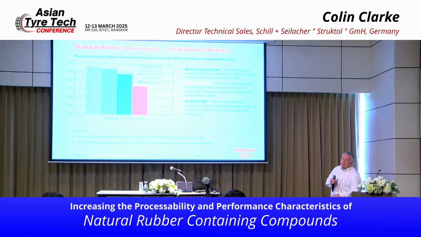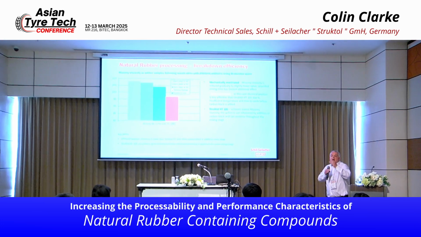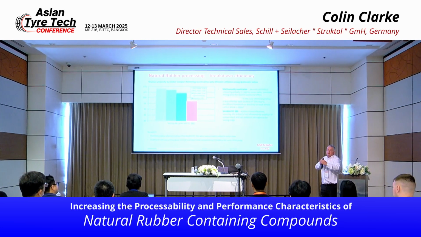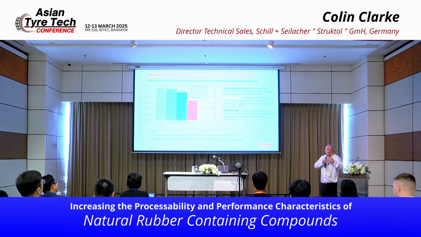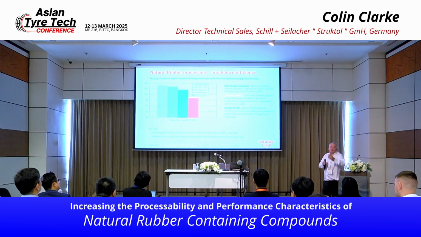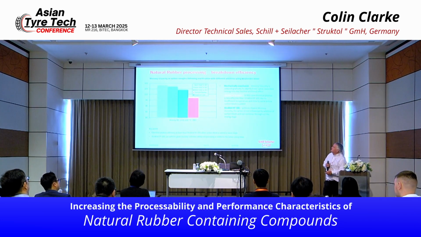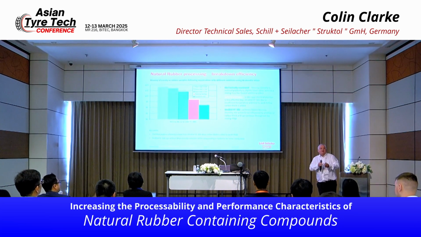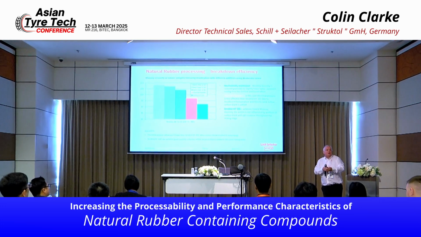If we compare now the chemical peptizer, like we saw in the first study, a big reduction in viscosity because it really did chain breaking, and that brings us into the viscosity range where we can really process and extrude or calender the natural rubber compounds through the nice machines that Seilacher can offer. But now look what happens with the new product. Because we added carbon black, we effectively stopped the chemical peptizer working.